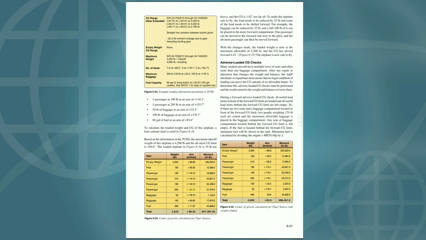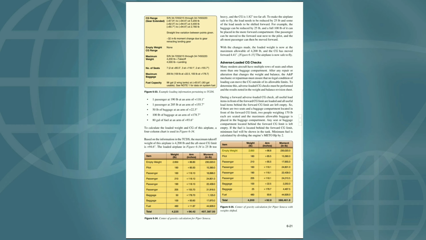Plus 155.70. Plus 178.70. Plus 93.60. Plus 11.87. Plus 96.42. Moment. In pounds. 230,020.0. 15,390.0. 18,896.0. 24,801.0. 22,439.0. 31,918.5. 1,125.0. 17,870.0. 44,928.0.